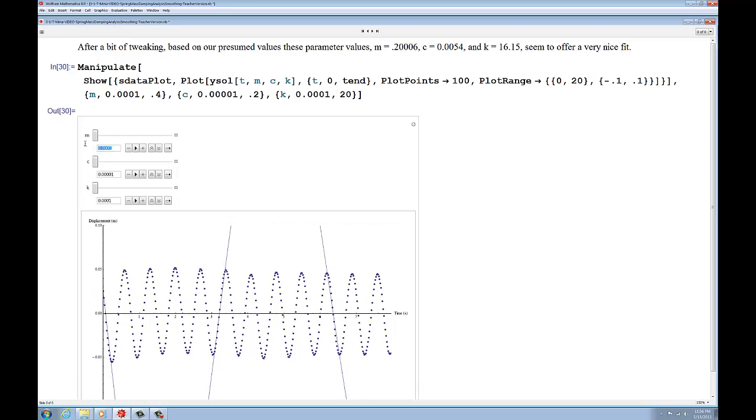And if we were to set, say, the mass at around 0.2, and we were to guesstimate by playing, say, at 0.005, and we were to put this in at around 617, we would see that not too bad, that this solid line is the model with these parameters in it, and it comes pretty close to this.